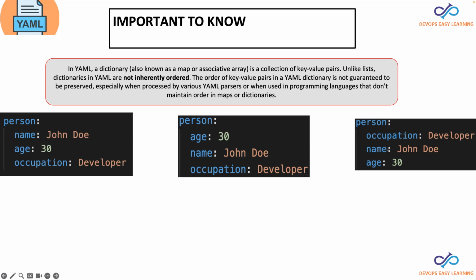Here we have his occupation, his name, and his age. At the end of the day, they are all equal. So the order doesn't matter in the dictionary, but the order does matter in the list. So the order will not really matter this time around.